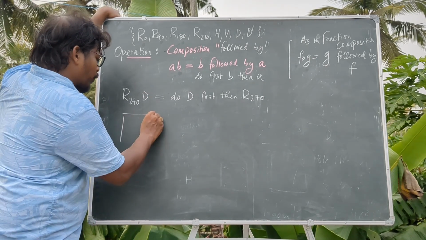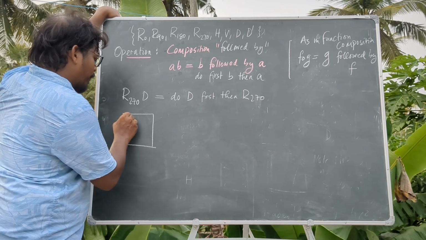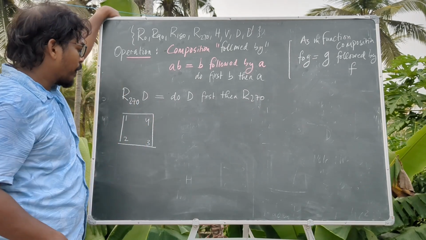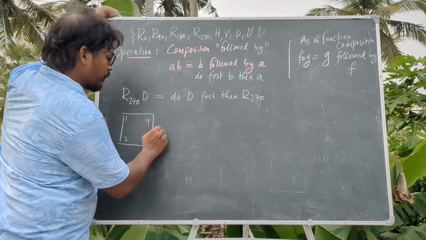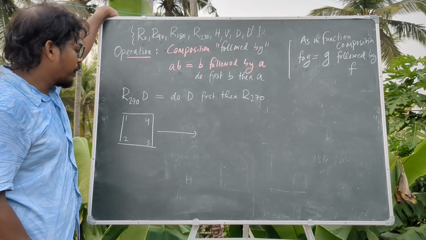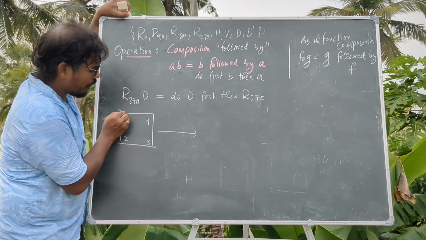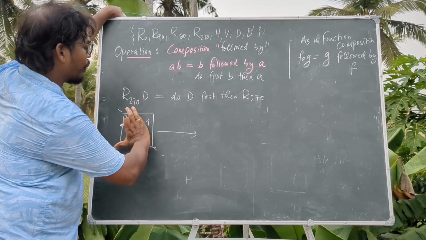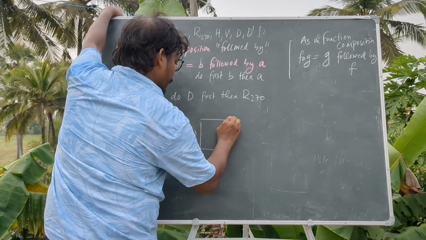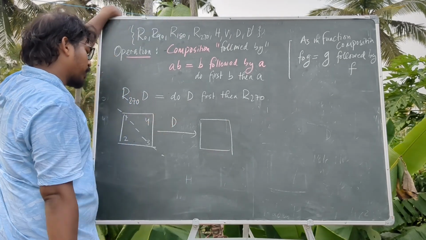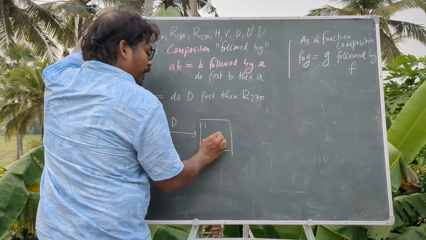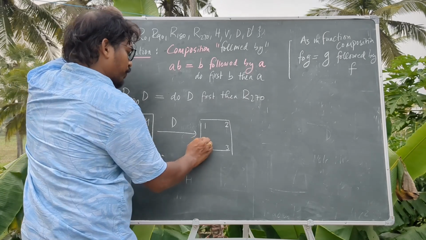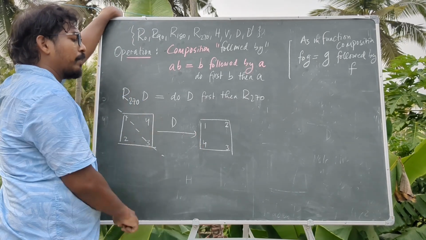This is our original square, and we have labeled this one as 1, 2, this is 3, this is 4. We will first do D. D means flip with the diagonal axis. We will flip this square about the diagonal. So 1 and 3 are fixed. 2 goes to here and 4 is here. So this is our D.